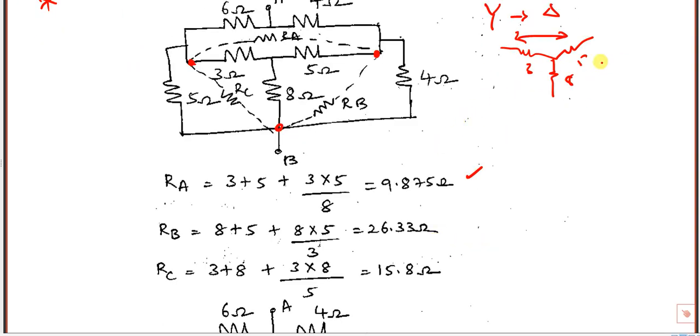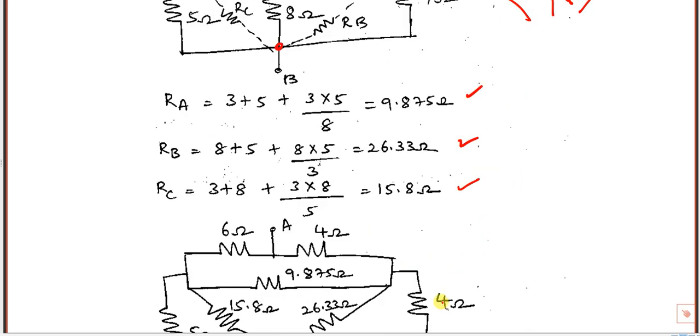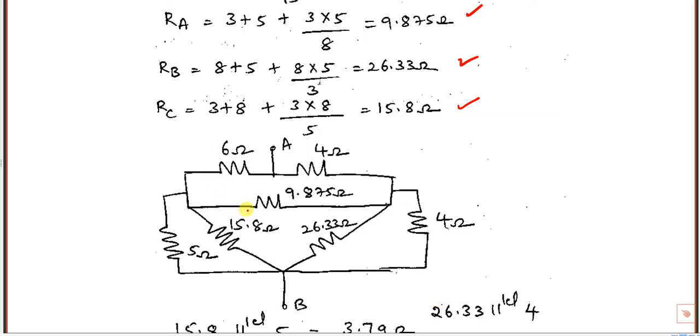Between this and this, 8 plus 5 plus 8 into 5 divided by 3, you get 26.6. Between this and this, 3 plus 8 plus 3 into 8 divided by 5, you get 15.8. So next, if I convert that star to delta, I will get these values.